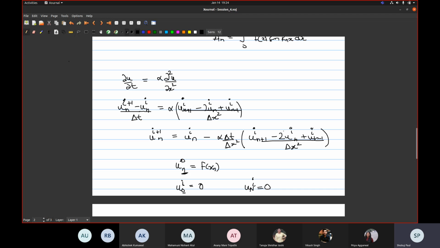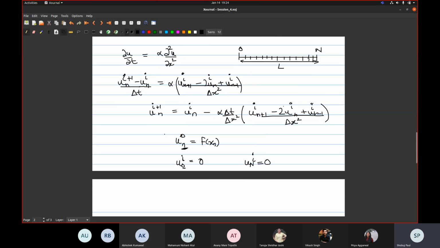So if we have a rod of length L, we will divide it up into n portions. The 0th index will correspond to x equals to 0, and the nth index will correspond to x equals to L. So now I formulated my entire problem as a discrete system.